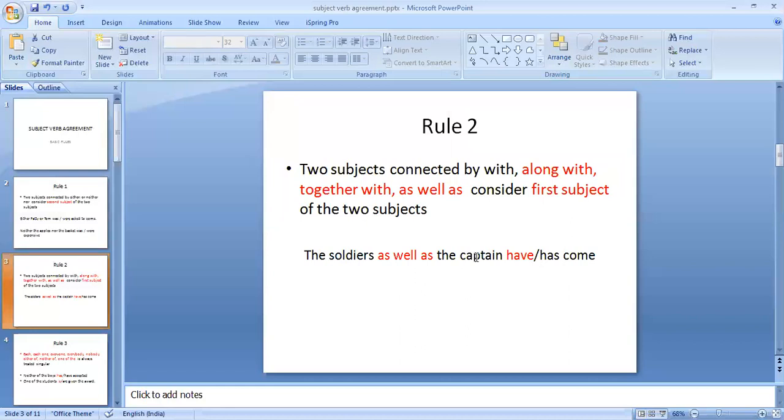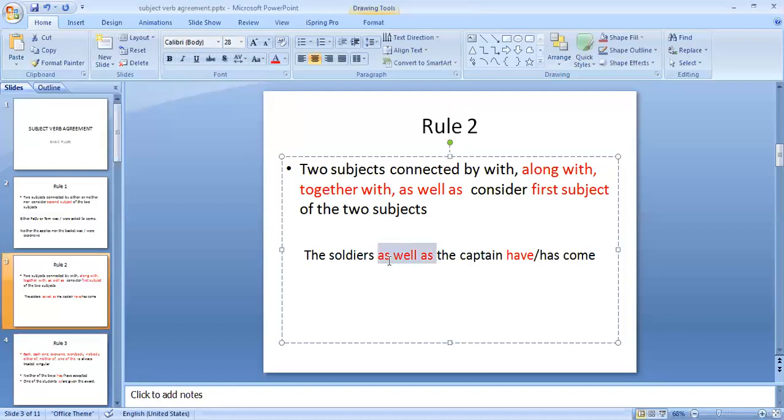The rule says when the two different subjects are connected by as well as, with, along with, together with, give importance to the first subject. So we have to give importance to the soldiers, and soldiers is a plural form, and so the correct answer is have.